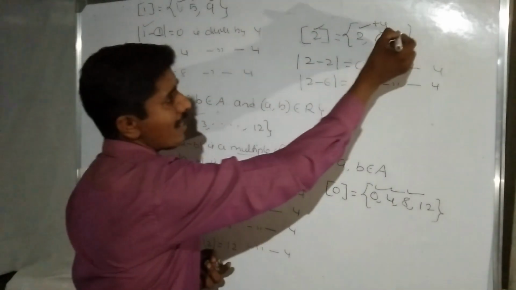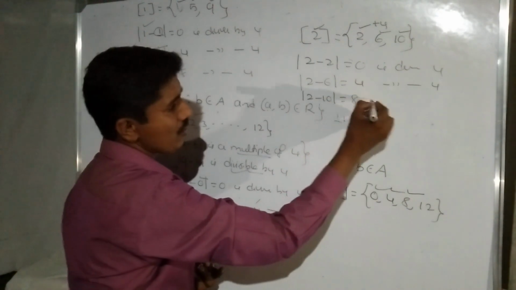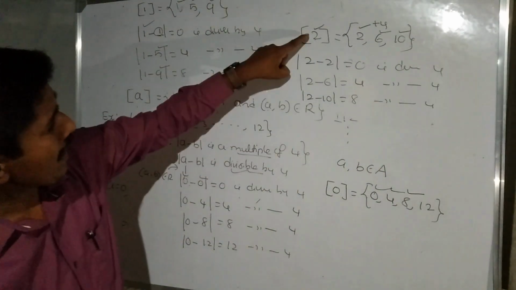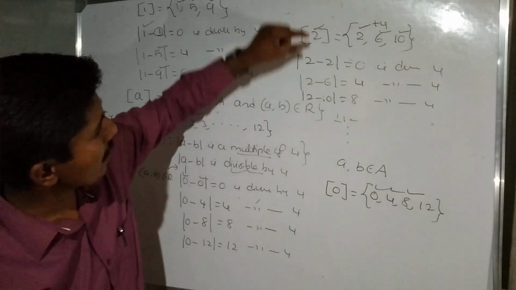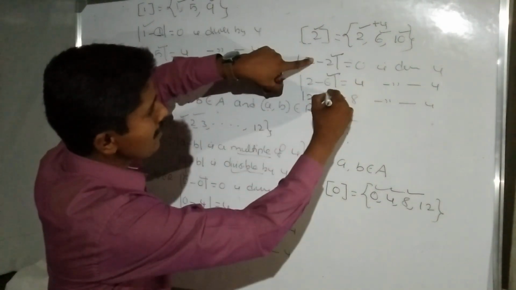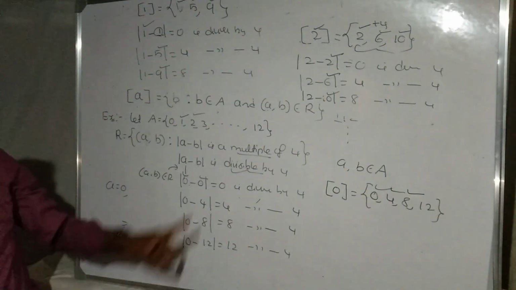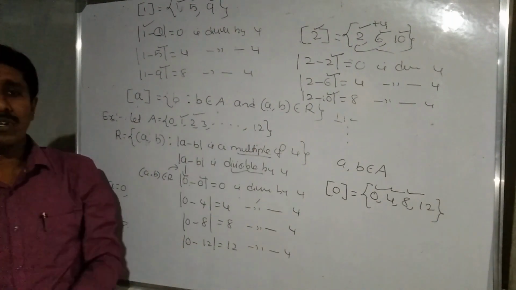Next, 2 minus 10, this is 8 which is divisible by 4. 4 2s are 8. Therefore, which elements are related to 2 means 2, 6, 10. Therefore, equivalence class of 2 equal to 2, 6, 10, the set of all those elements. Similarly, we can write the equivalence class of other elements 3, 4, 5, so on up to 12.